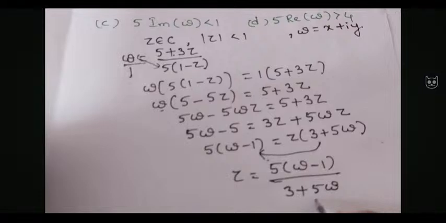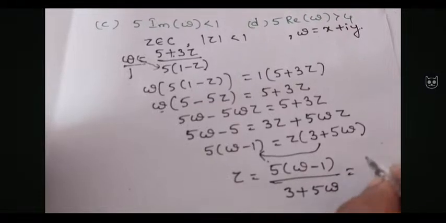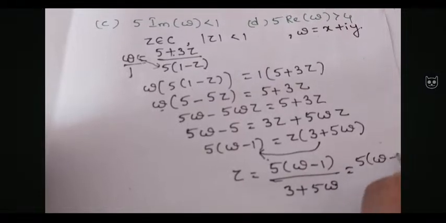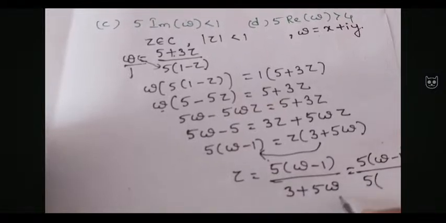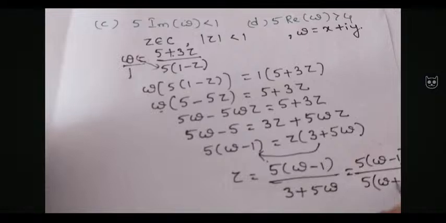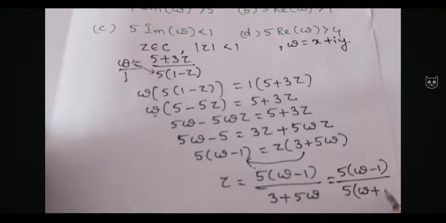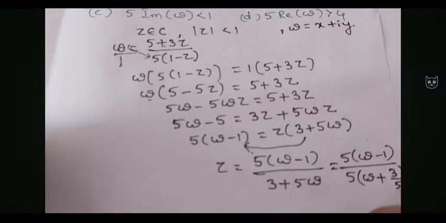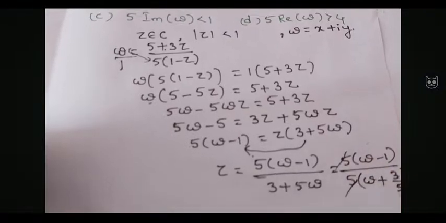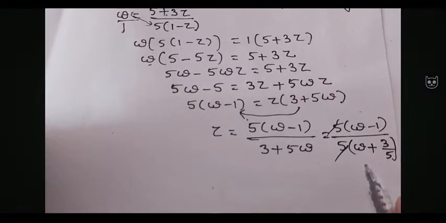Now here take 5 common. We get, so take 5 common, then omega plus 3 by 5. Now cancel 5, 5. So this is the z value we got.